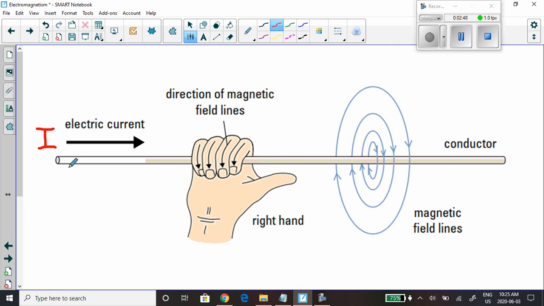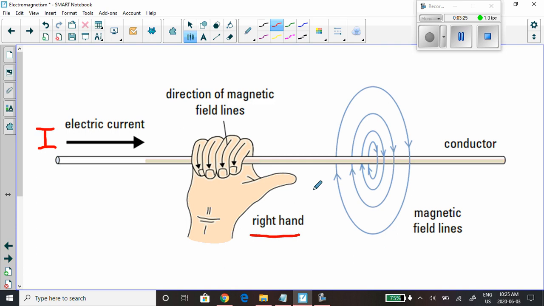And we're using our right hand. If you have a straight wire like this, straight conductor, just a wire like that, and the current moves from left to right, just like that, in order to find the direction of the magnetic field that is created, you need to establish a pattern where you align your thumb with the direction of the current and your fingertips curl as if they're holding a handlebar upside down in this particular case.